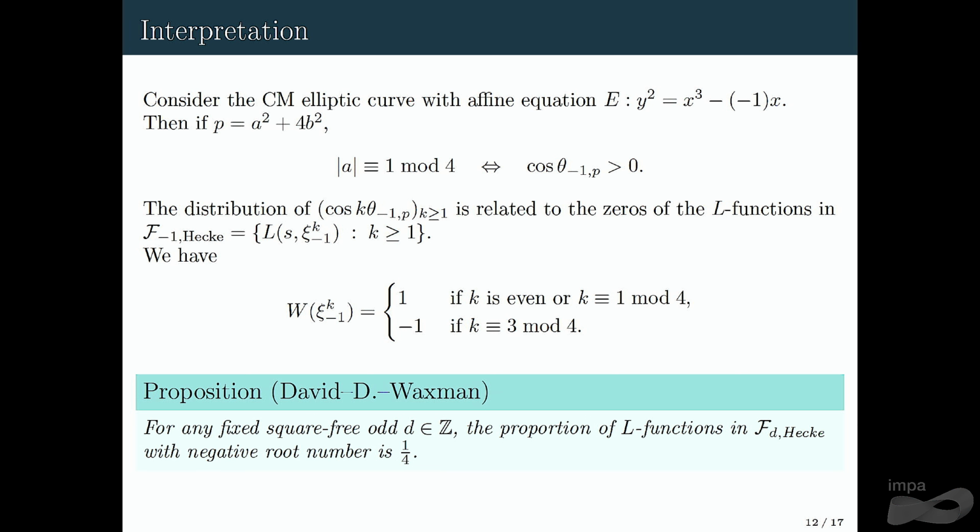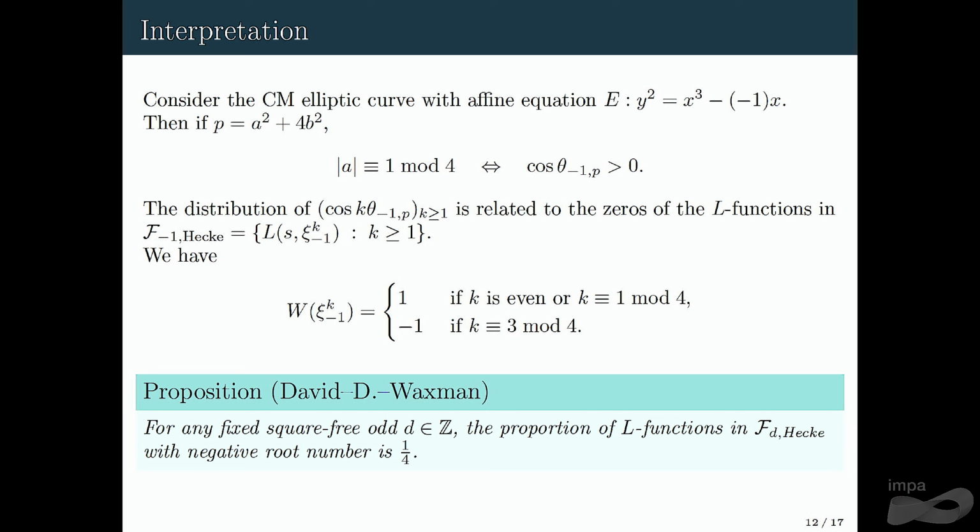There is necessarily an even square and an odd square, so I'm writing a 4 here to differentiate the even and the odd. And assume that the odd part comes from a positive number, then the question is: is this number A congruent to 1 or 3 modulo 4? Can I compare those two? Is there more chance that it is 1 or 3 modulo 4?